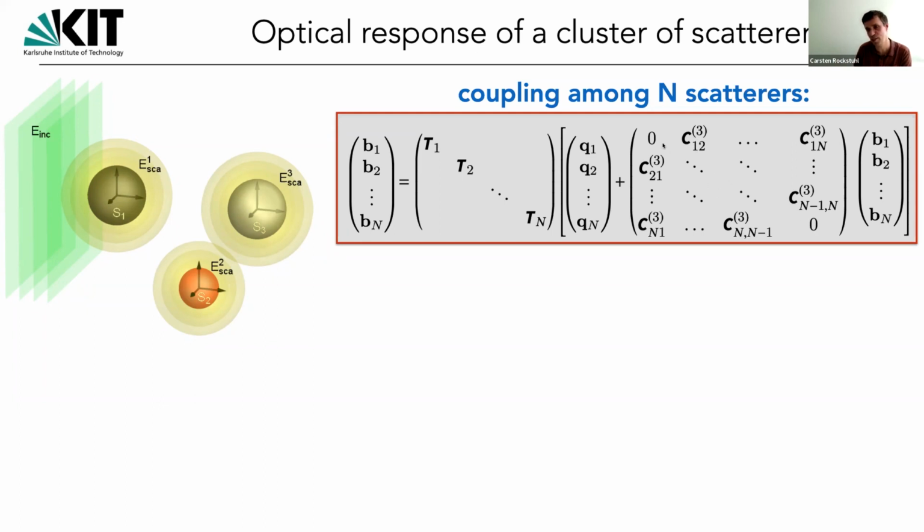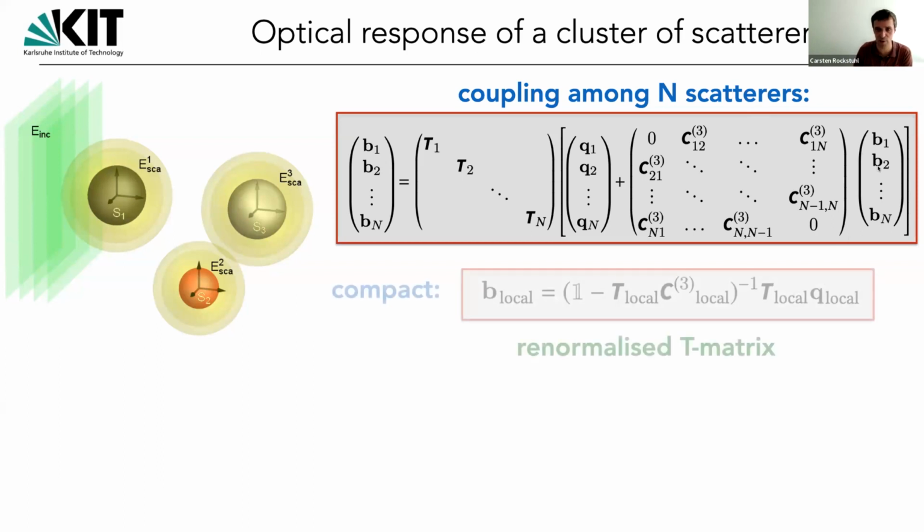Please keep in mind that this diagonal is zero, because evidently the scattered field from the object cannot be converted into an incident field on itself. So there is no coupling on the diagonal, but all the other elements are non-zero. This equation nevertheless still looks a bit strange because you have the scattered field coefficients on both sides of the equation.